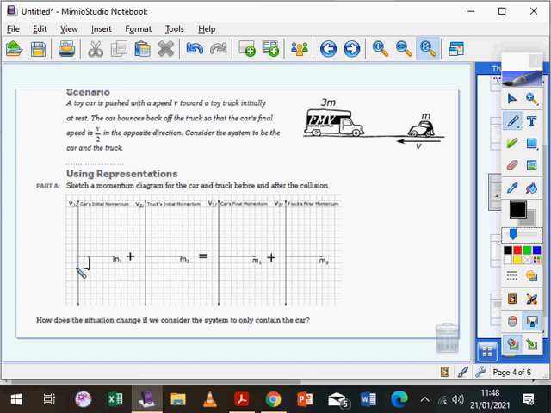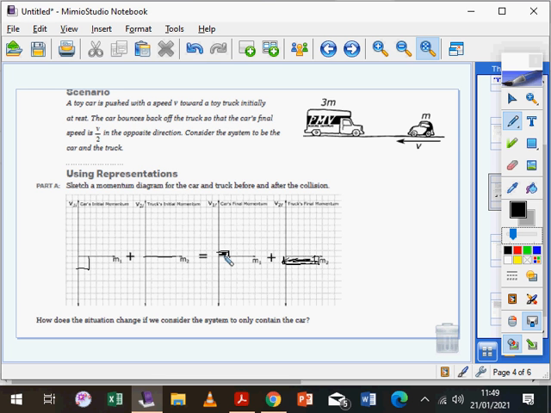How does the situation change if we consider the system to only contain the car? If the system only contains the car, how would the situation change? Is momentum going to be conserved if the system only contains the car? It won't.